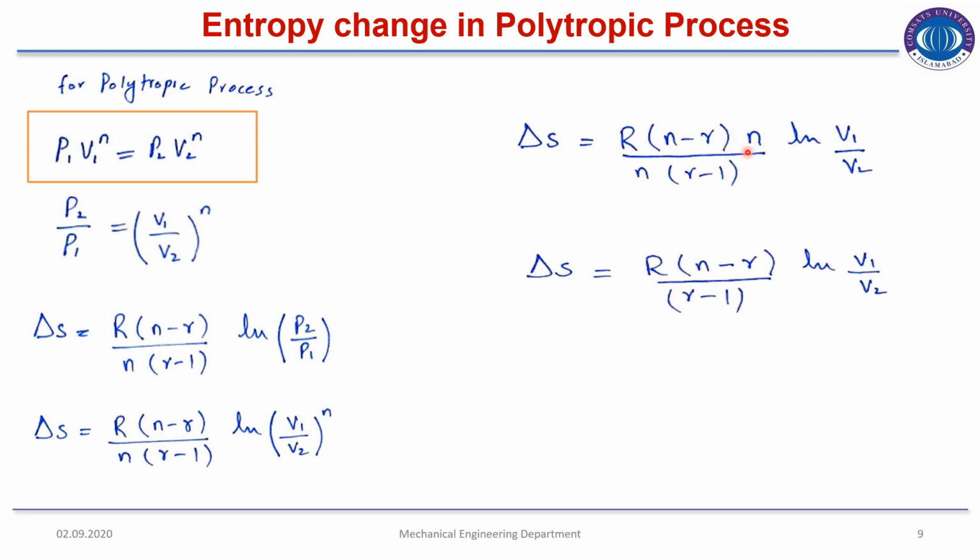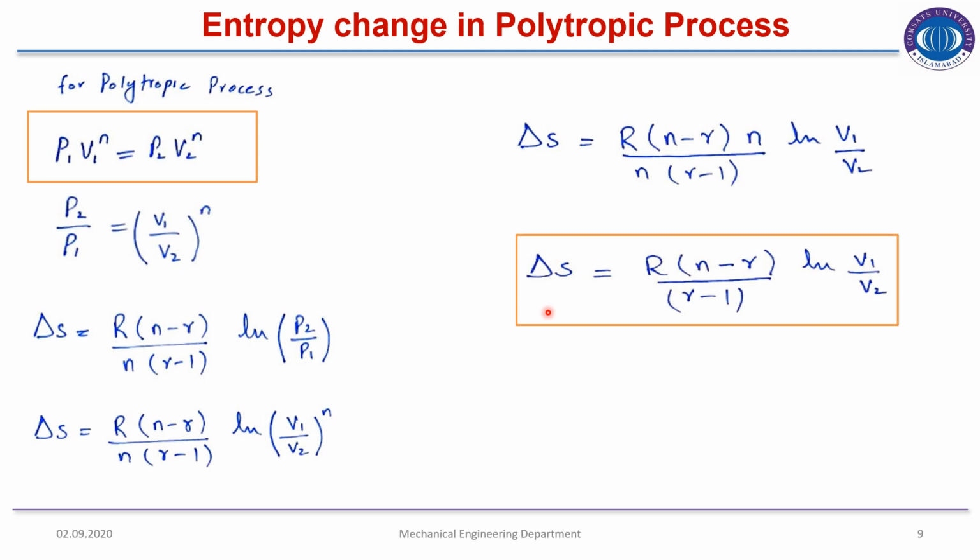Here n is in the numerator and also in the denominator, so both n will cancel out. So we have the relation del S is equal to R into (n minus gamma) divided by (gamma minus 1) into natural log V1 over V2. That is the third relation to calculate the entropy change in the polytropic process.